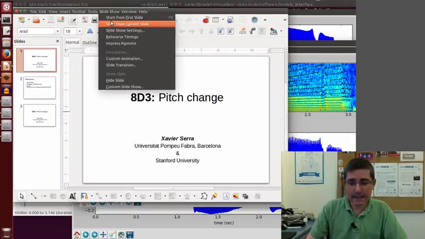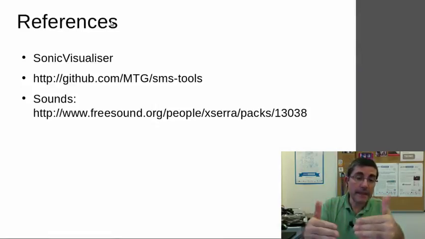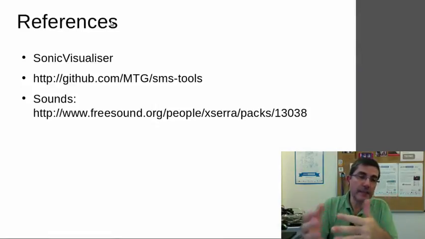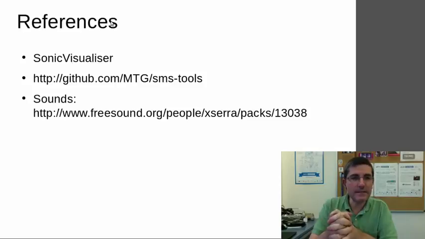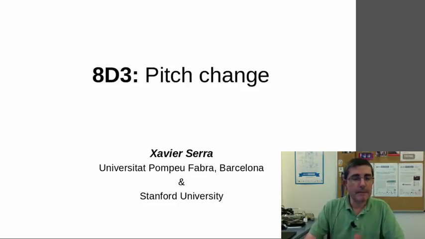So basically, we have talked about the idea of changing the pitch or the frequencies of a sound. First, we use Sonic Visualizer to understand the sound, and then we use the SMS Tools GUI with the harmonic plus stochastic model to change the pitch or the frequencies of a sound. So we have been talking about pitch change.